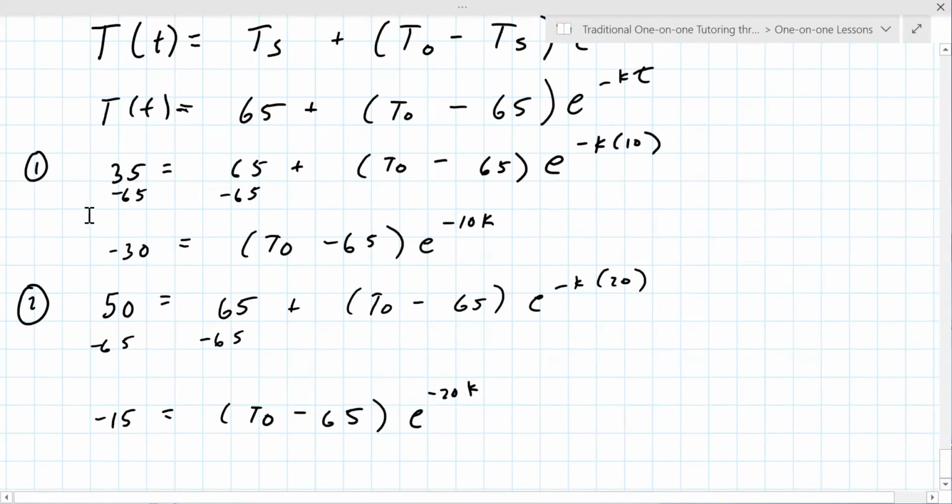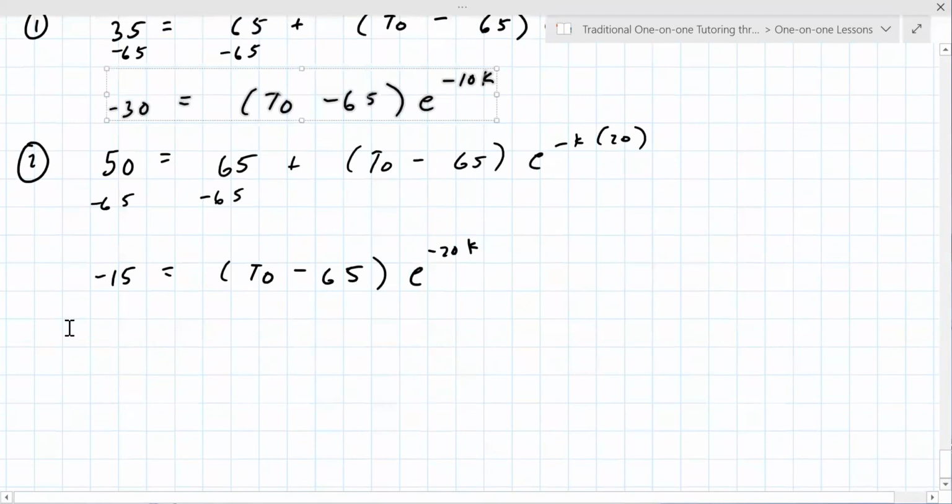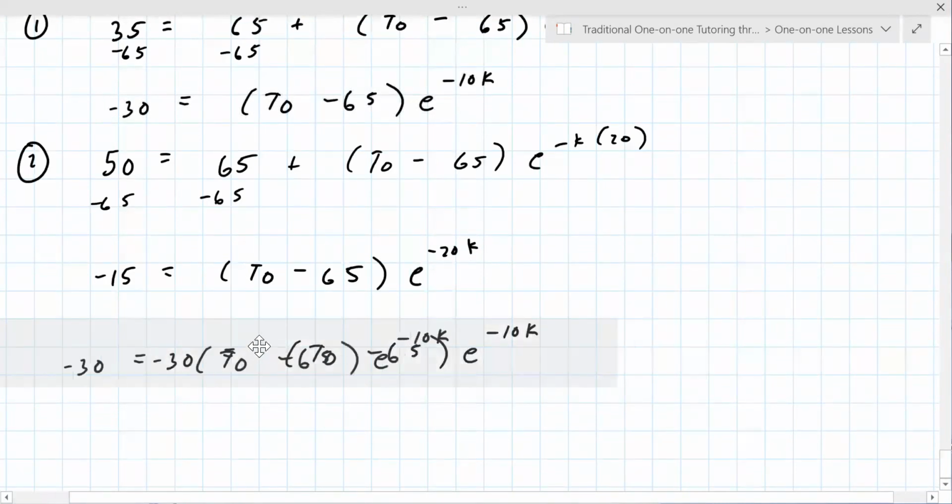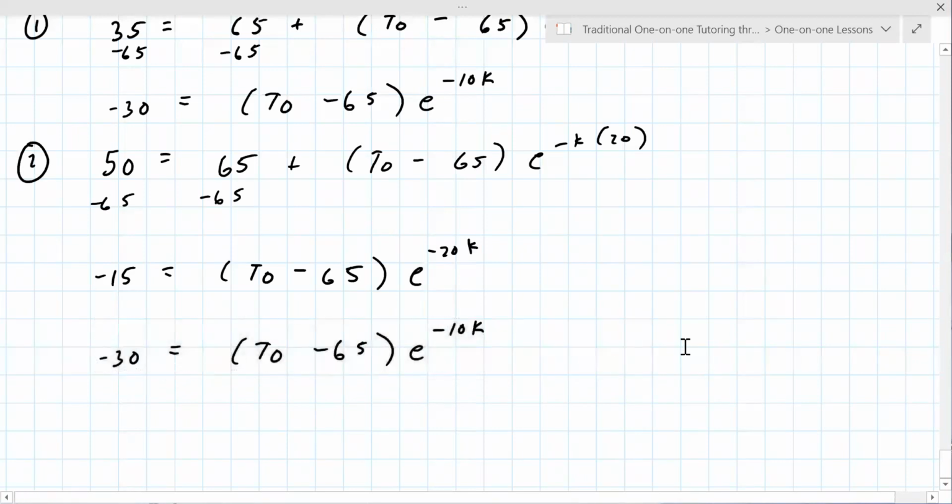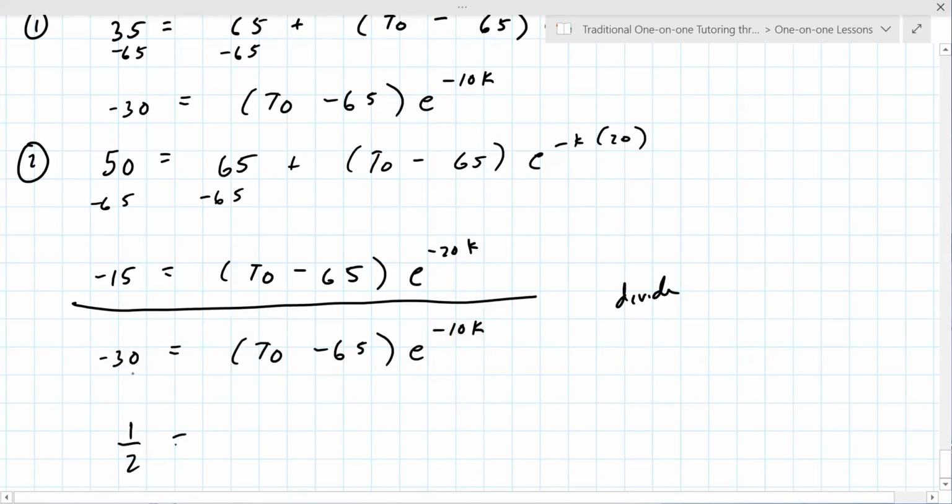Now I'm going to bring this other equation down, and it doesn't matter whether it's top or bottom. We'll do it like this. And then this is kind of a cheat, but you divide. You're really substituting, but this always works. So when you divide minus 15 by minus 30, you get a half, which doesn't always work out.